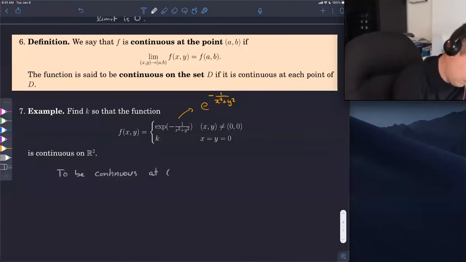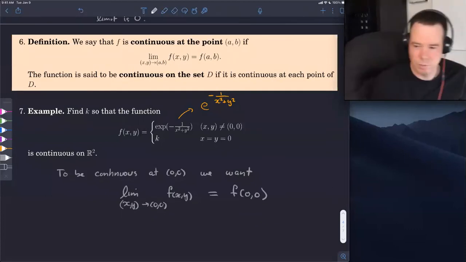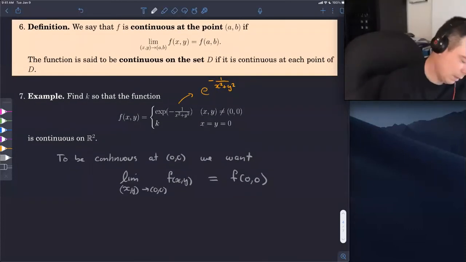Well, to be continuous at (0,0), we want the limit as (x,y) goes to (0,0) of our function f(x,y) to be equal to the function value at (0,0). That's what we want to be satisfied. And let's use the given information.